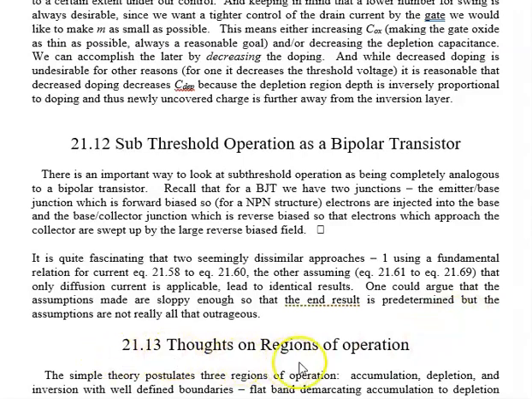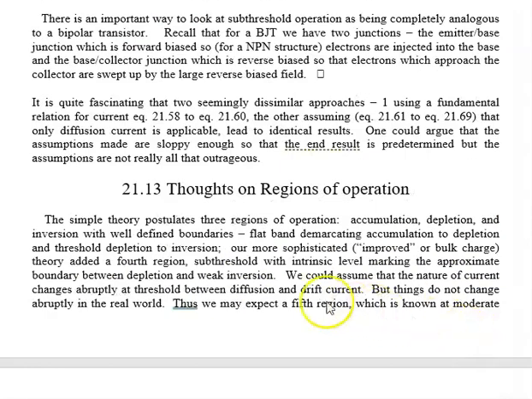Okay. So I want to skip over now to some thoughts on the regions of operation and just sum up the subthreshold operation. The quote-unquote simple theory has just 3 regions: accumulation, depletion, and inversion, or what we call strong inversion. And we have 2 demarcations, flat band over here and threshold over here.